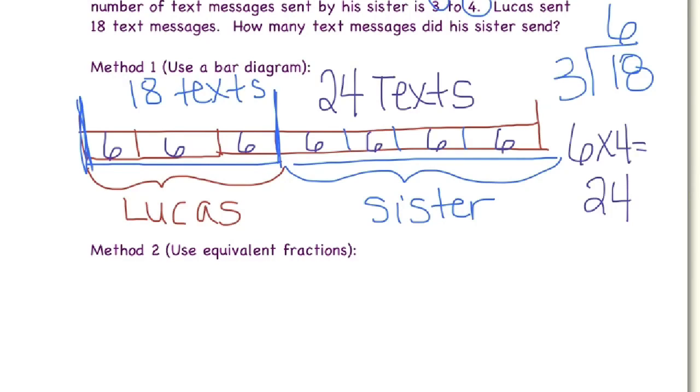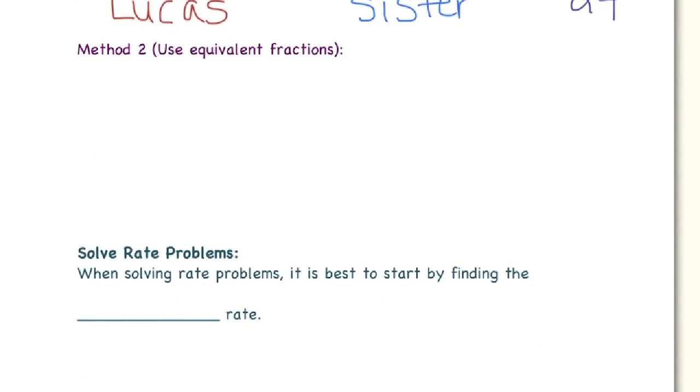Okay, now let's go ahead and solve that same problem, where we know the answer is going to be 24 text messages, but let's use equivalent fractions to solve it. Again, the important thing when we use equivalent fractions is to make sure we know what our numerator represents and what our denominator represents.